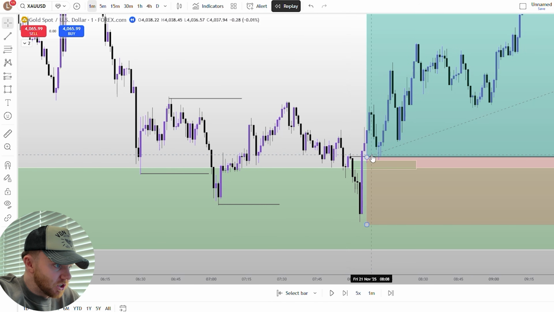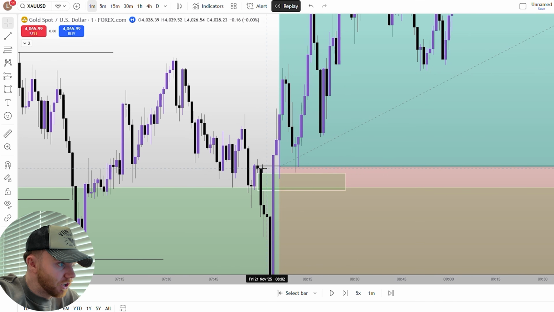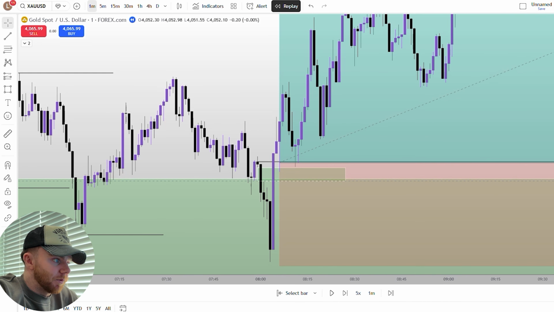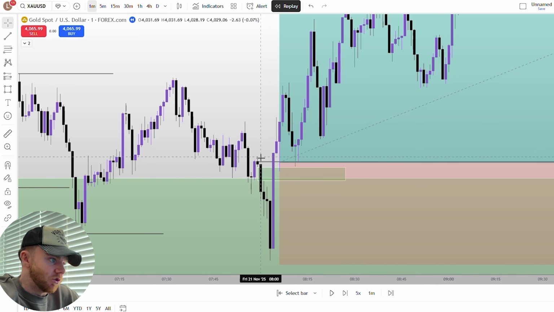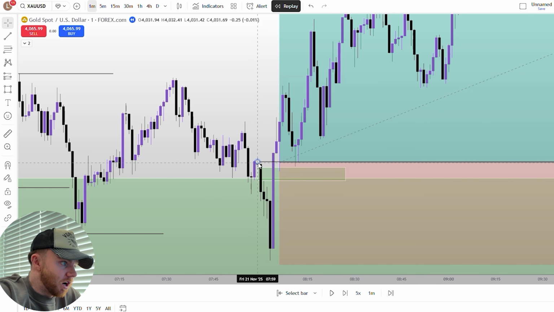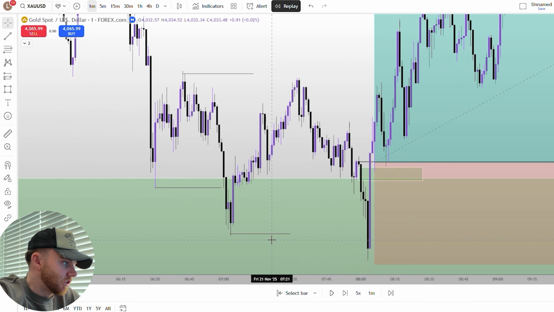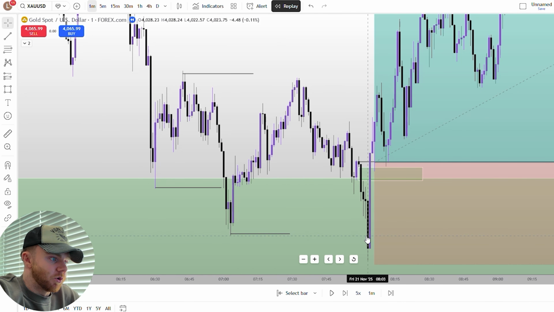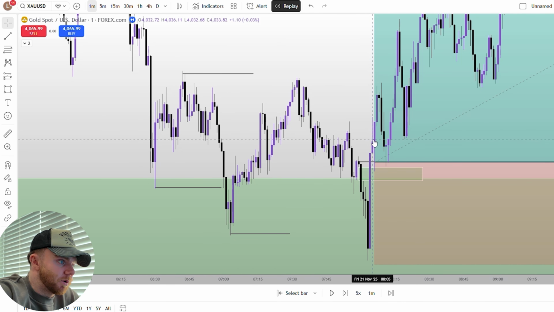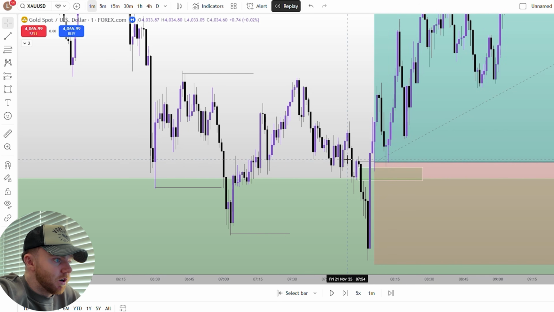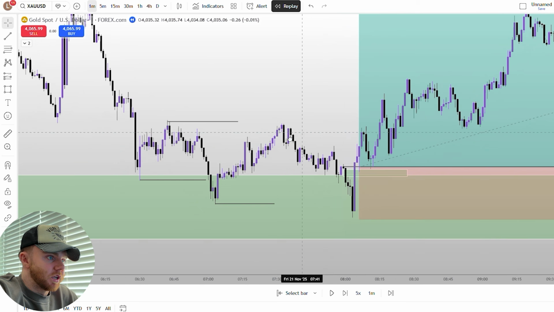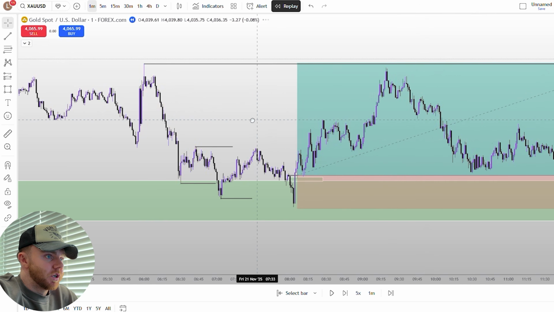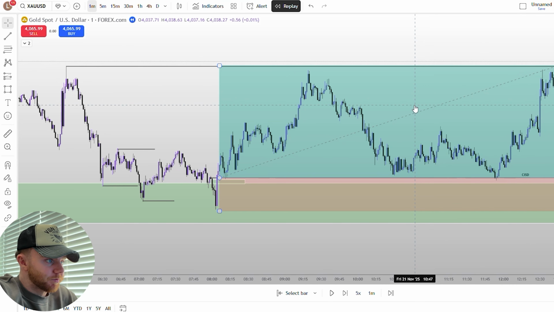I'm then looking to put my change in state delivery on the body of the candle, not the wick, the body of the candle. That's the difference from breaks of structure. You go off the wicks, and like I said in the intro, with the change in state delivery, you mark it off the body of the candles. So sweeps of liquidity, check. Displacement, check. Retap, change in state, and we run through to hit TP.